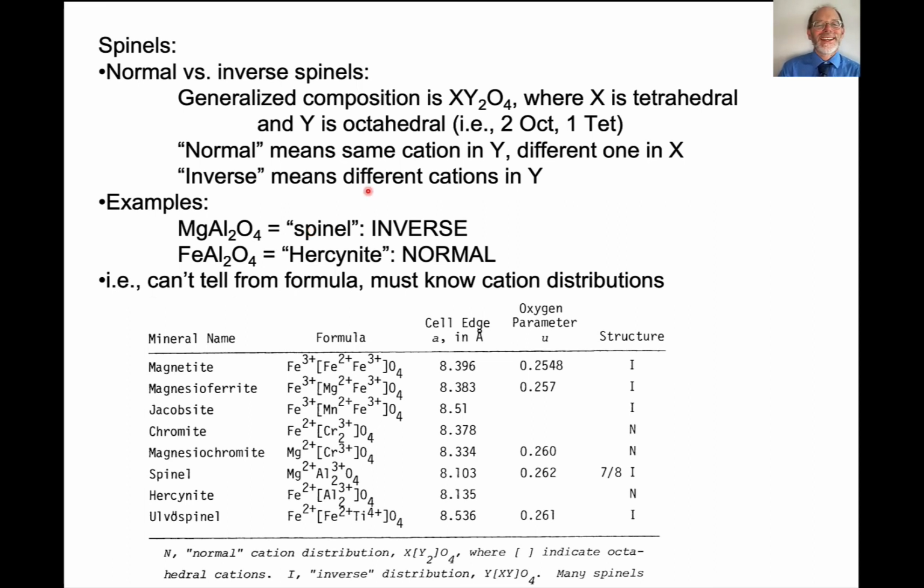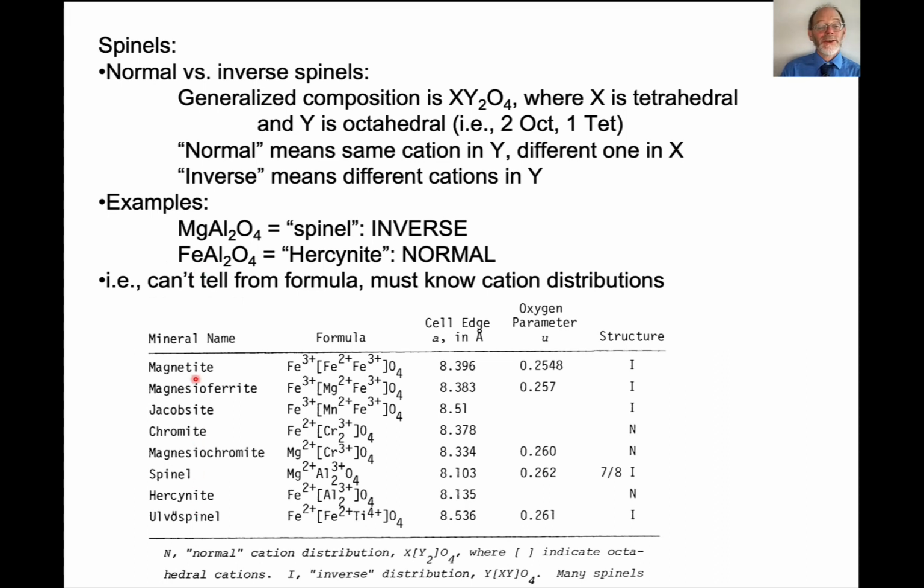That means that this Y site has two cations, magnesium and aluminum. The tetrahedral site contains aluminum. Hercynite, iron aluminum oxide, is actually a normal spinel. So what does that mean? That means that the aluminums are in the octahedral site and iron is in the tetrahedral site.